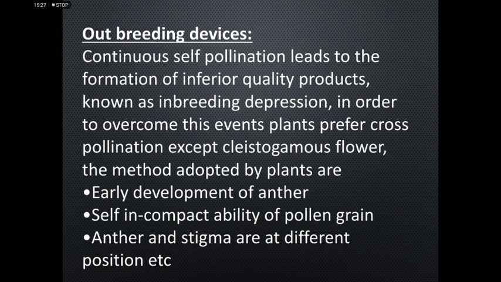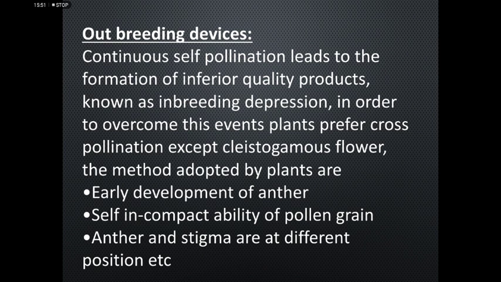The various methods adopted by plants to overcome self pollination are mentioned below. Early development of anther, that means the anther develops earlier than the pistil or carpel, so that pollen grains are shed off.